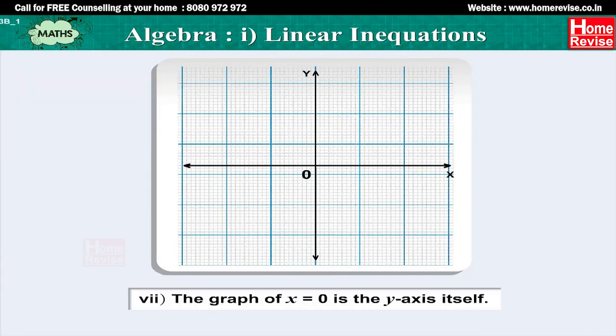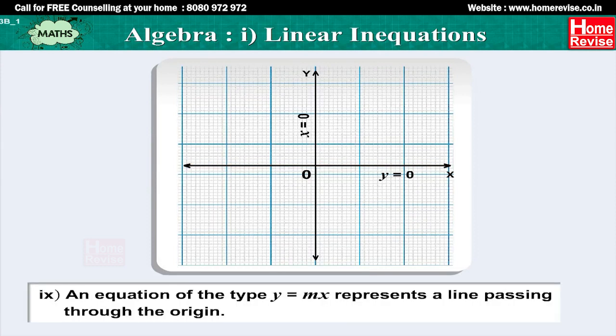The graph of x = 0 is the y-axis itself. Number 8. The graph of y = 0 is the x-axis itself. Number 9. An equation of the type y = mx represents a line passing through the origin.